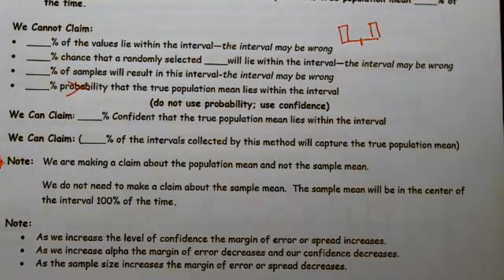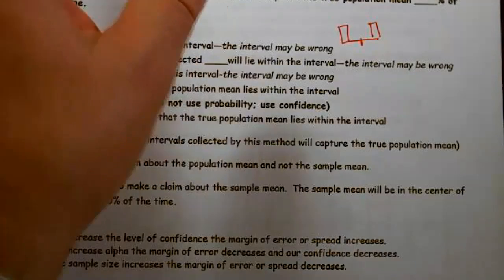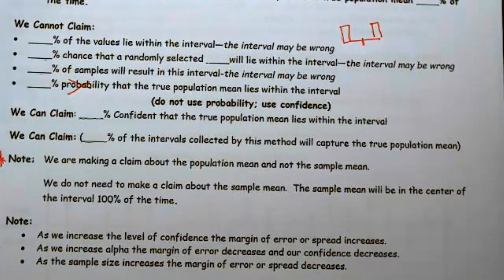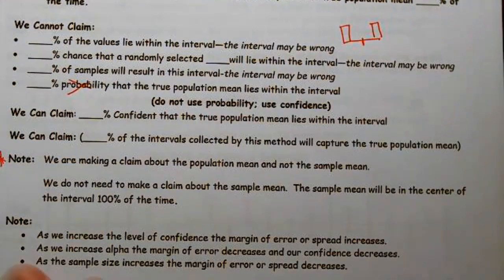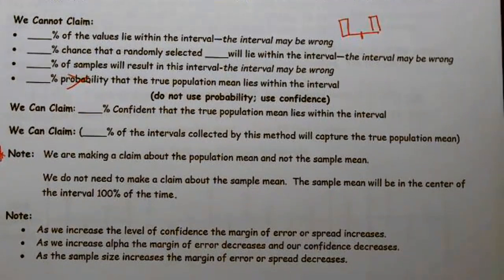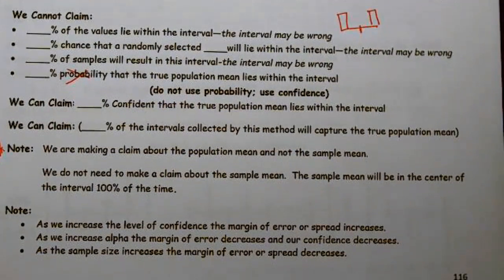As a matter of fact, the sample mean is the center of the confidence interval every single time. So we know that we're making an estimate or claim about the population mean. We are 95% confident that we captured the population mean. We're 100% confident we captured the sample mean.